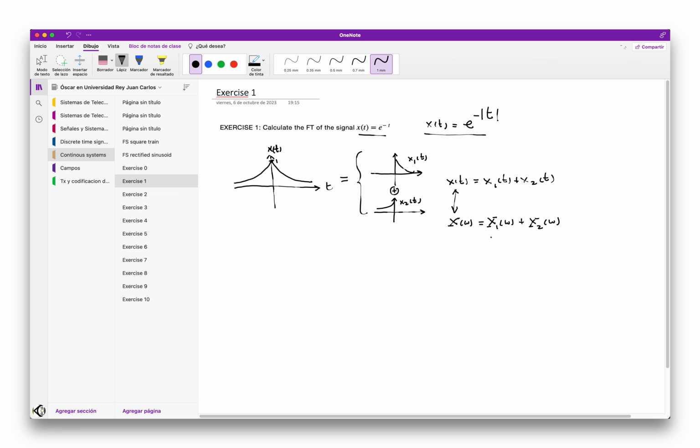So let's now play a bit with that. What we see first is that our signal x(t) always takes real values, so it's a real-valued signal.